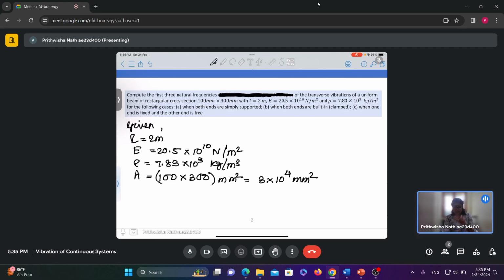Now I'll convert this area into meter square, so that is 0.03 meter square.